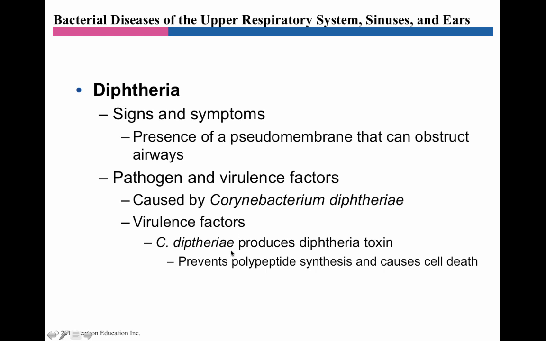The damage to the back of the throat, causing death of the white blood cells and death of the larynx and pharynx cells, it is all due to this diphtheria toxin. This diphtheria toxin is what's called a cytotoxin.